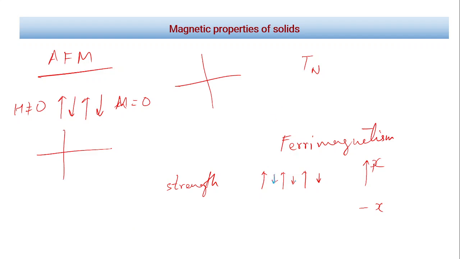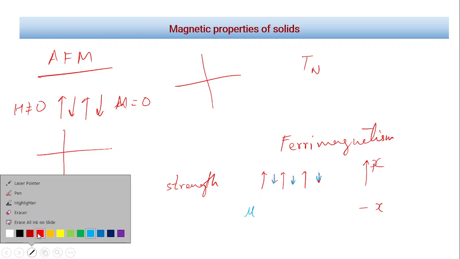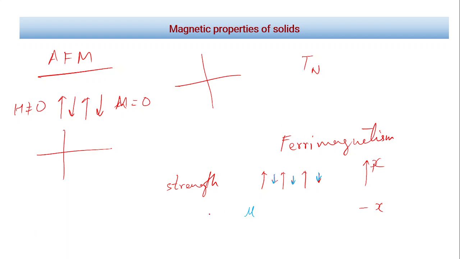Let's say the anti-parallel ones are blue. They are anti-parallel, but the magnitude of the blue moments is smaller than the magnitude of these red colored magnetic moments.